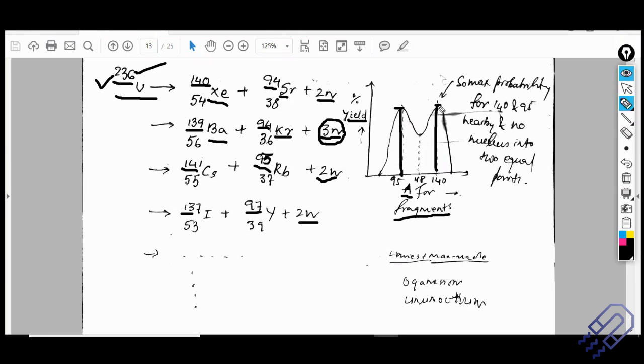Values like 139, 141, 137 are all near 140, and 94, 95, 97 are near 95. So the two elements coming out will more or less have mass numbers near 95 and 140.